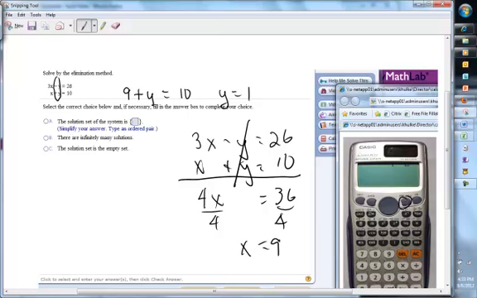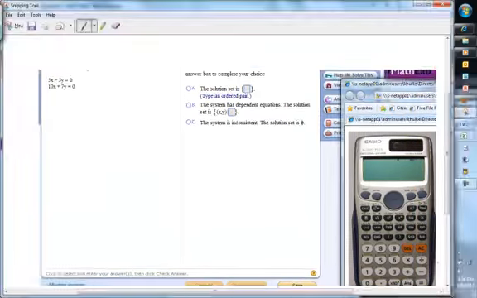Number 13. Solve by elimination. Let's multiply the first equation by negative 2. And when we do, we get negative 10x plus 6y is 0.